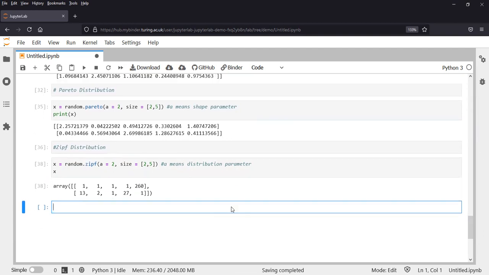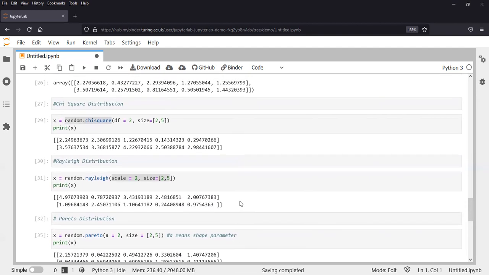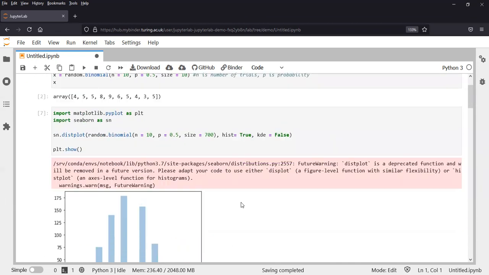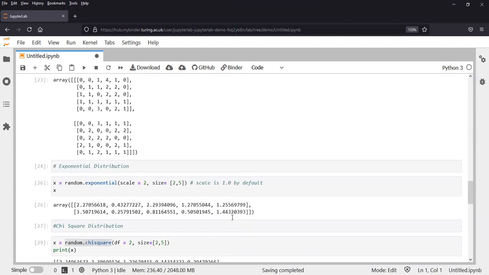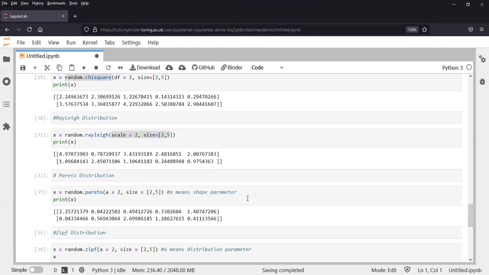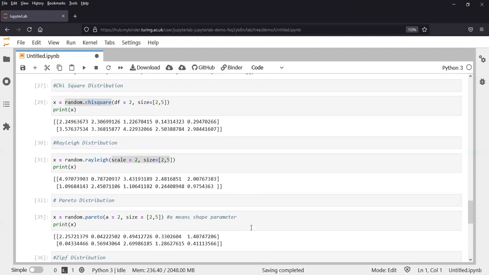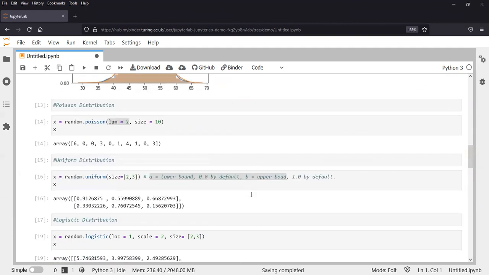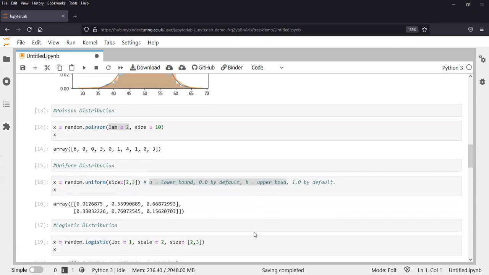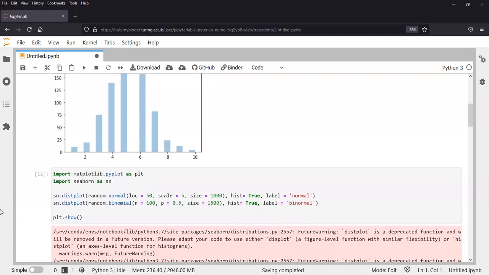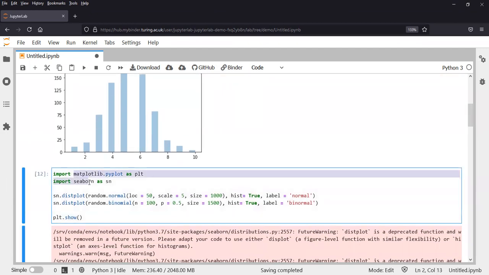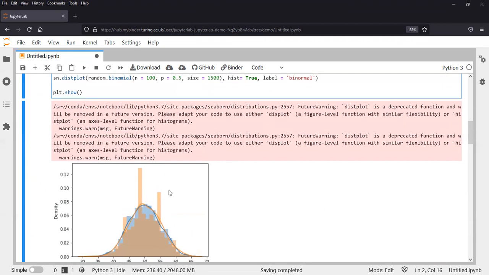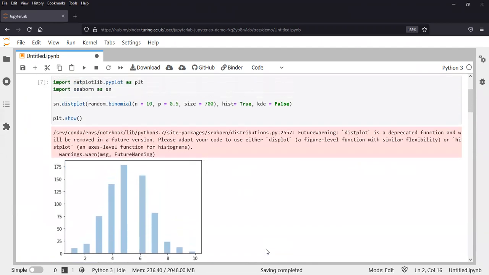I believe there's a whole bunch of distributions you could learn, or you can just learn some of them. Later, I will teach you how to use matplotlib and seaborn to draw graphs like this, for example.